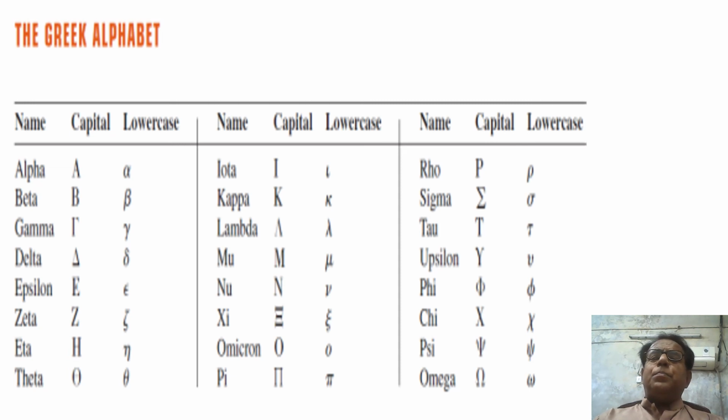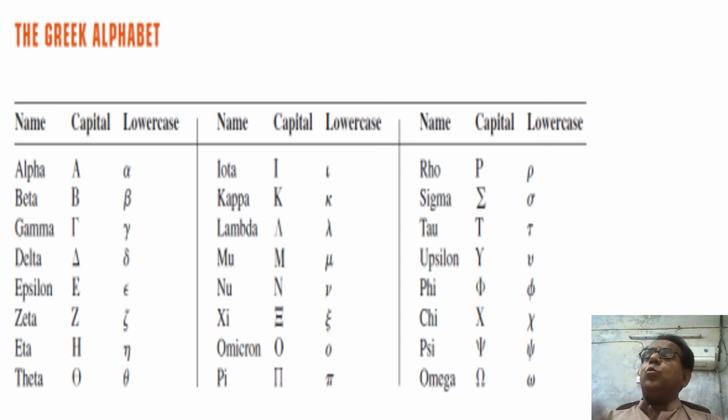Delta, both types are equally used, while epsilon and zeta, smaller lower case is mostly used. Eta, theta, lower case is mostly used. Now we come towards the third column, rho. Dear students, rho, its capital case is simply P, while lower case is rho this type.